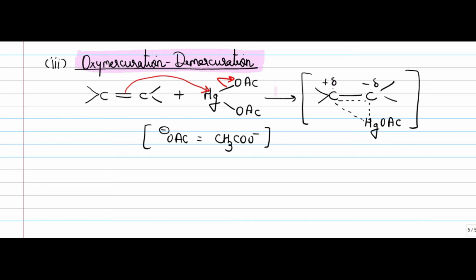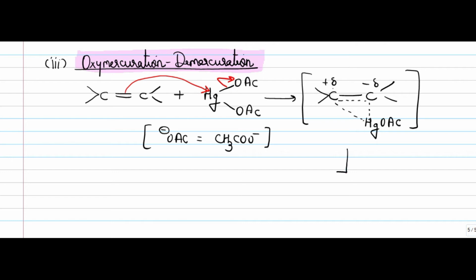Depending on the structure, if you have more substituted part here where there are more alkyl groups, then positive charge remains here. Why? Because the positive charge remains on that carbon which is more substituted, and hence if alkyl substituents are more, it gets more stabilized, and therefore one carbon becomes partially positive, the other part becomes partially negative, and you find that this is the transition part.